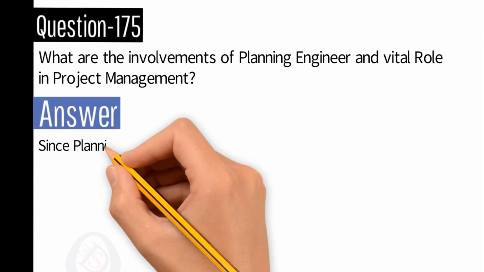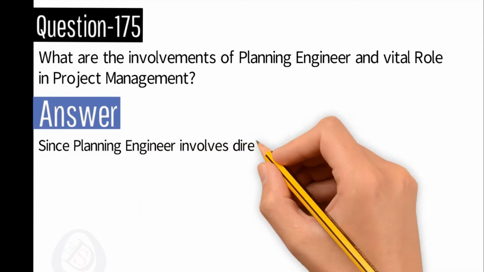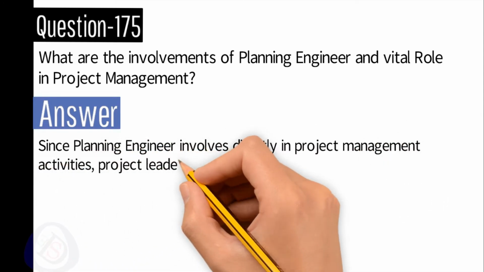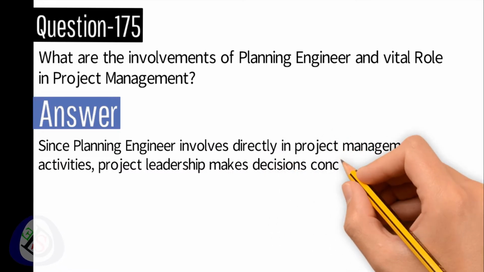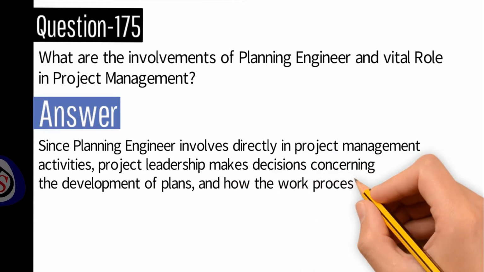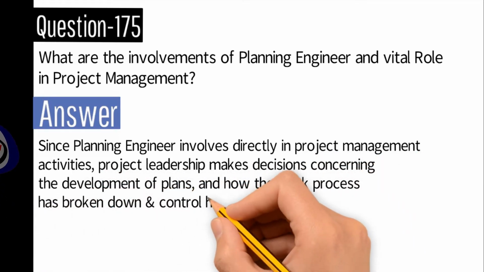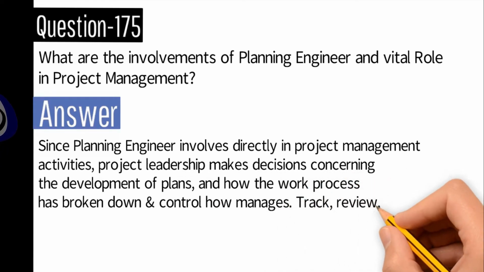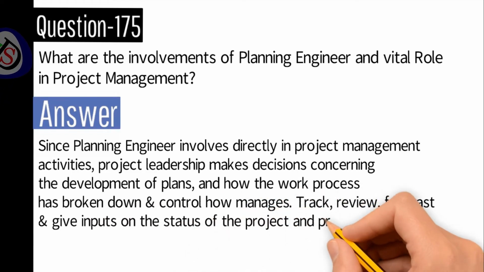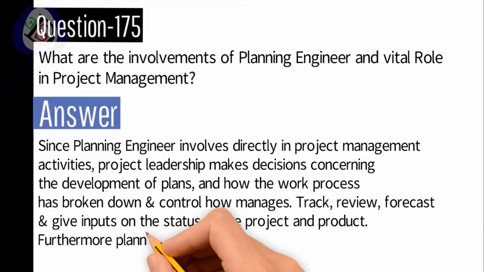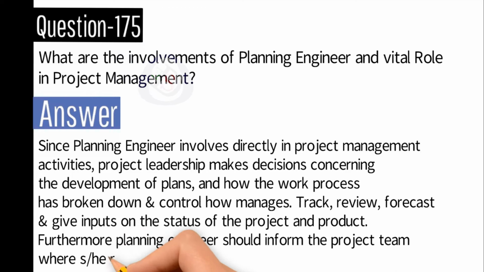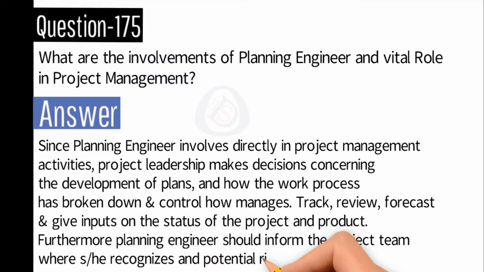Since the planning engineer is involved directly in project management activities, project leadership makes decisions concerning the development of plans and how the work process is broken down, and controls how to manage, track, review, forecast, and give inputs on the status of the project and product. Furthermore, the planning engineer should inform the project team when he recognizes potential risks.